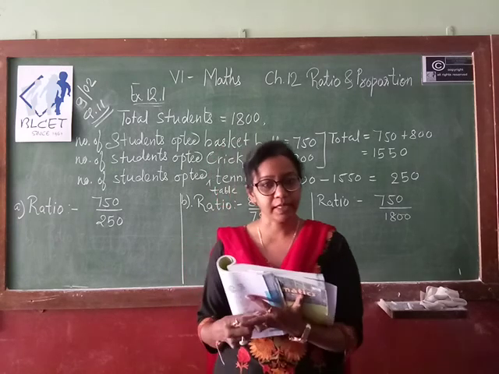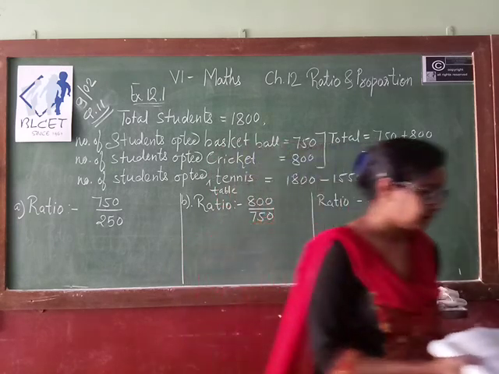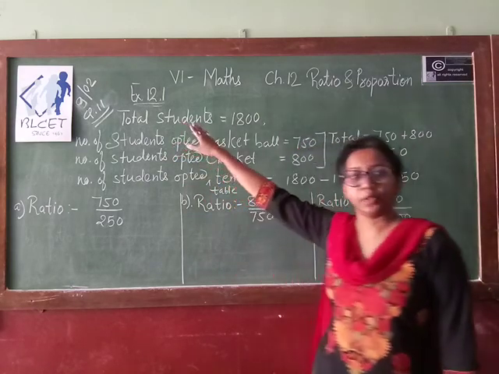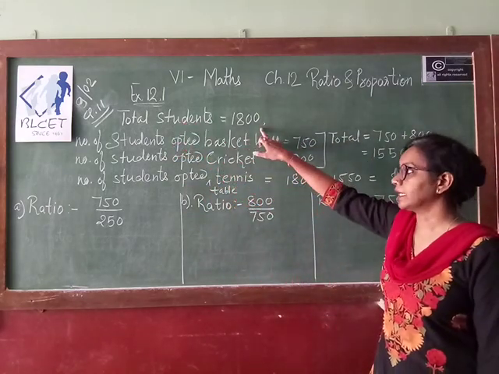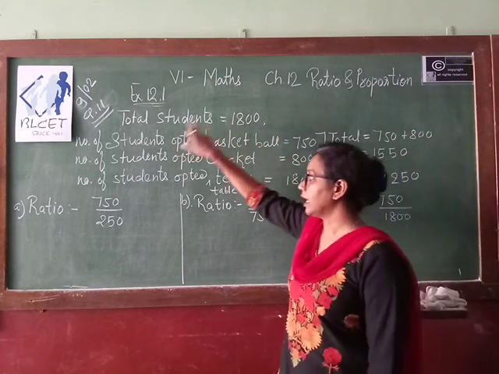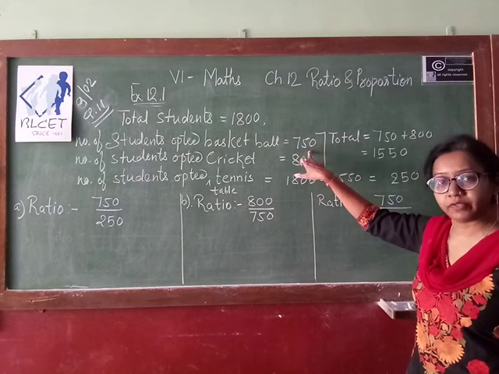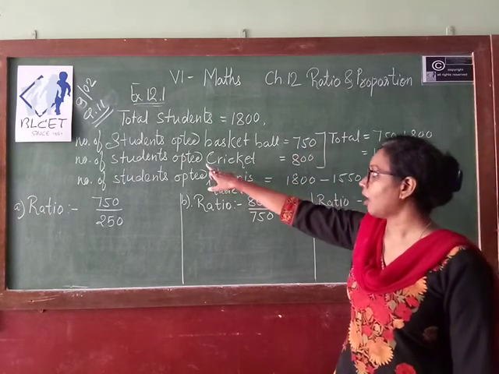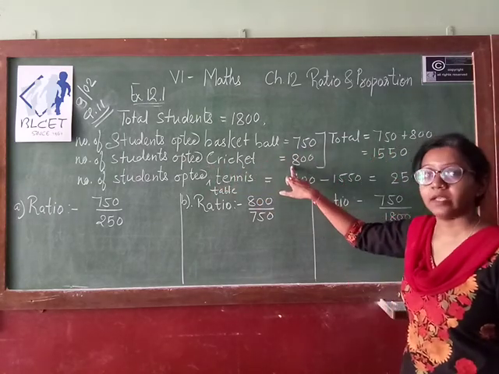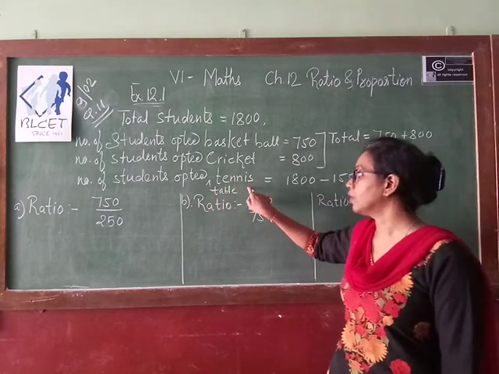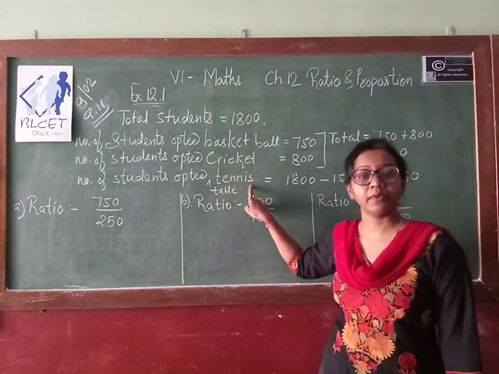So first of all we list out the given data. So what is the data? We know the total students in a school, they are 1800 students. Out of 1800, number of students who opted basketball are 750 and number of students who opted cricket are 800. And the remaining students opted table tennis. We don't know what the remaining students are. So what do we have to do?